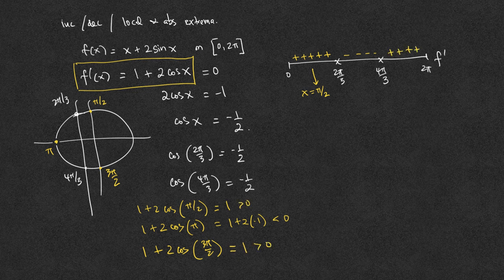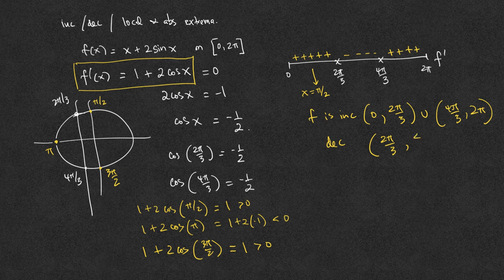We see that the function f is increasing on the interval 0 to 2 pi over 3, union 4 pi over 3 to 2 pi. It is decreasing on the interval 2 pi over 3 to 4 pi over 3.